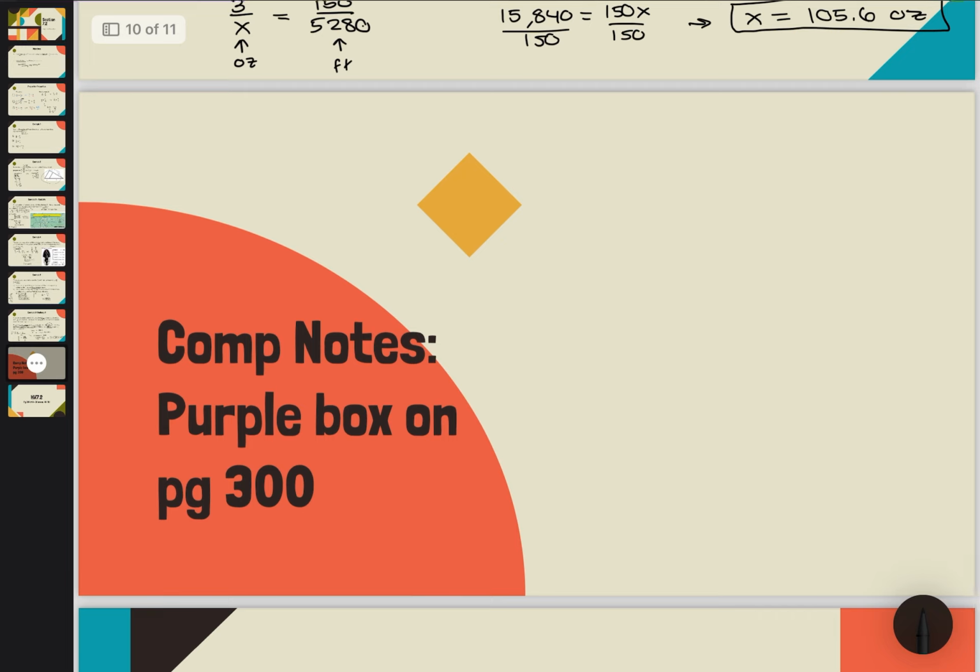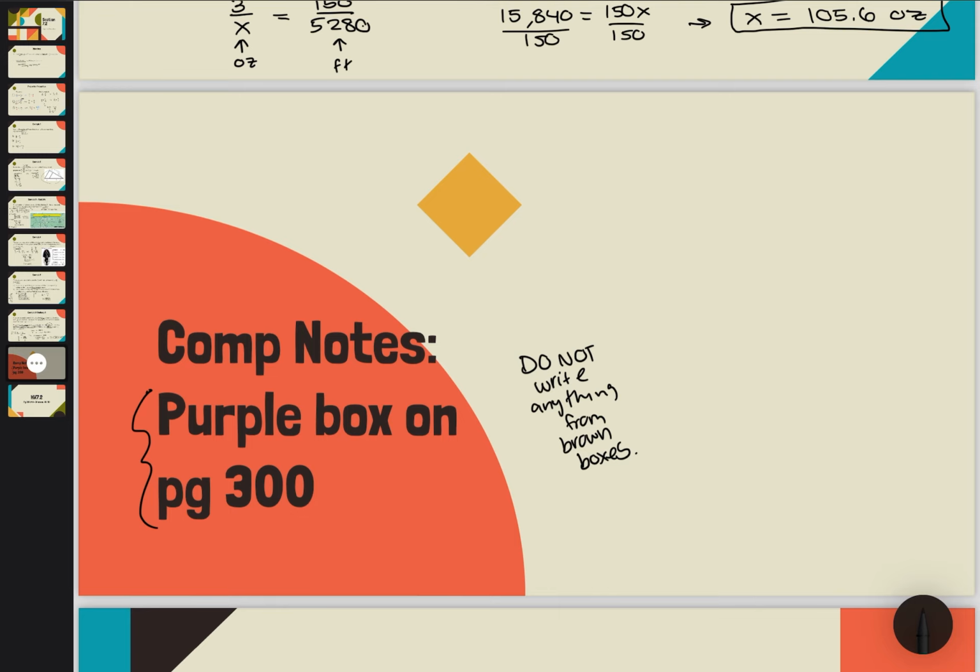The only thing that you need in your comp books from this section, there's really not much for comp books, is the purple box on page 300. Please do not put helpful hints. Do not write anything from the brown boxes. That is not allowed. I've only seen that pop up a time or two, but especially as I'm flipping through these sections, you have a couple definitions.